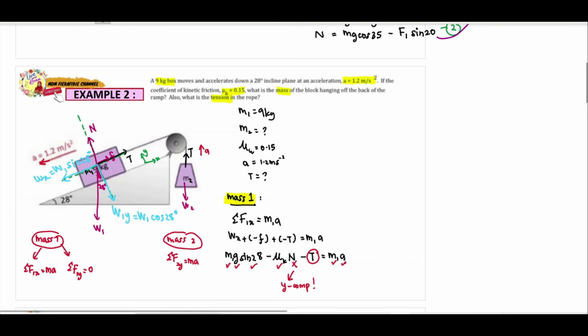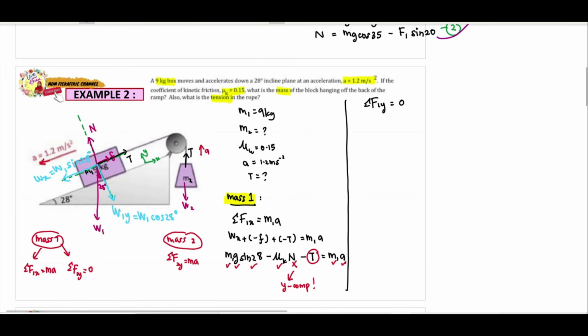So, saya akan teruskan lagi ke equation seterusnya. Saya akan letak kat sebelah ni lah. Tak muat. Okay, so total F1Y equal to 0. So, dekat mass 1 kita ada 2 force in Y component. Kita ada normal dan kita ada W1Y. Itu saja. Okay.